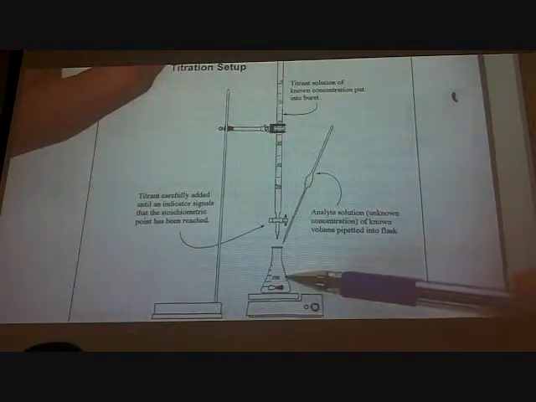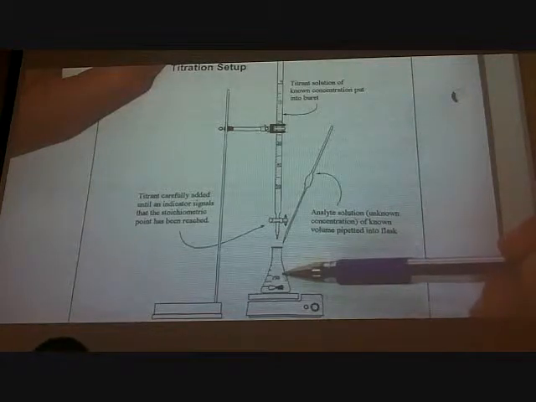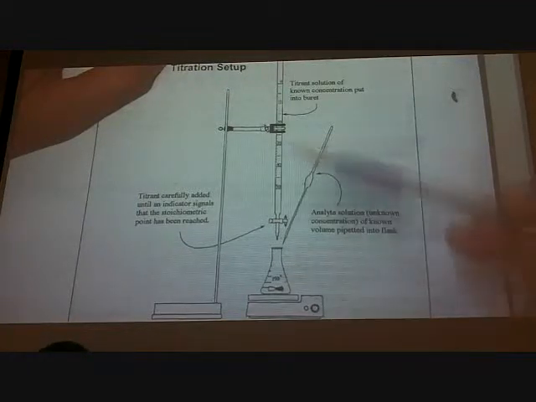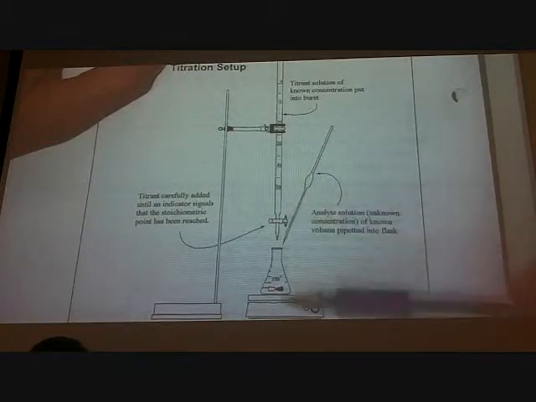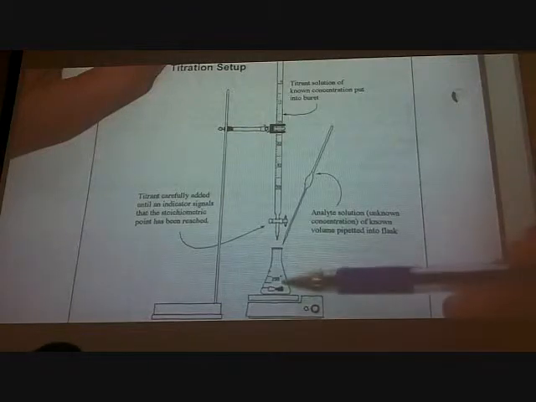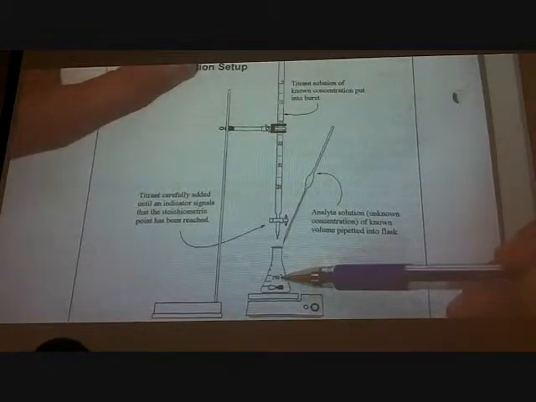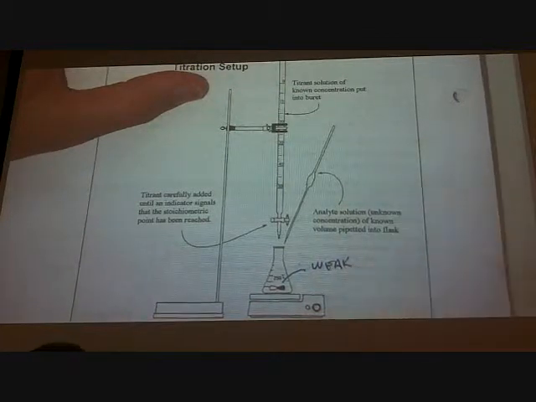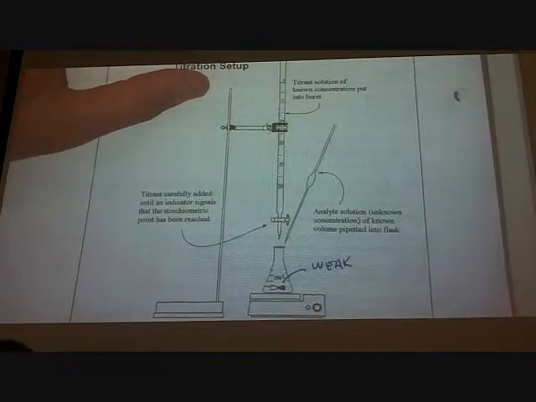And generally speaking, for all the problems that we'll be concerned about, there'll be either a weak acid or a weak base in our container. The number of moles for this doesn't change. Regardless of how much volume of material we add, the moles of the weak acid or the weak whatever does not change. That's why we always have to find out how many moles we have initially.